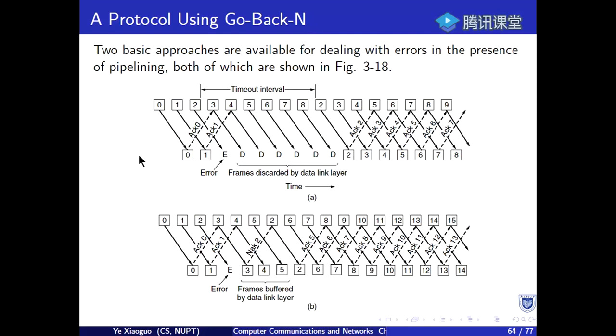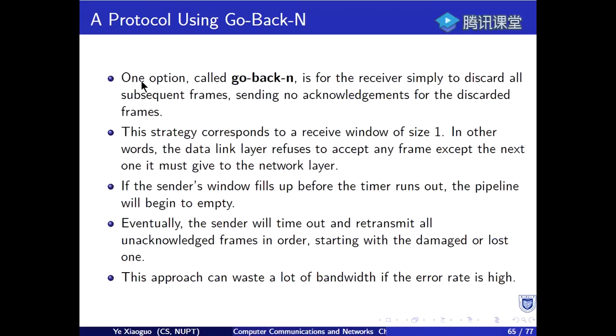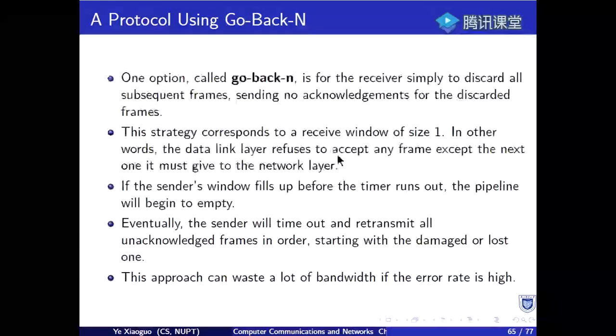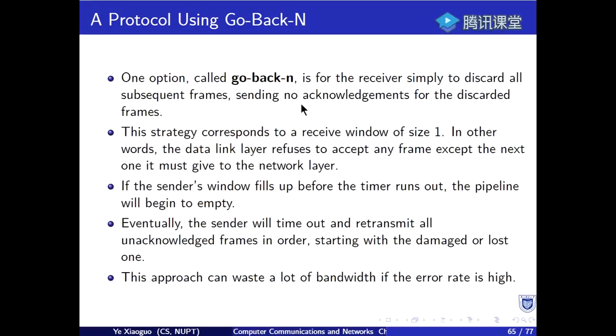Okay, last session we introduced, we assume that there is a frame with an error, then one option called go back n is for the receiver to simply discard all subsequent frames, sending no acknowledgements for the discarded frames.